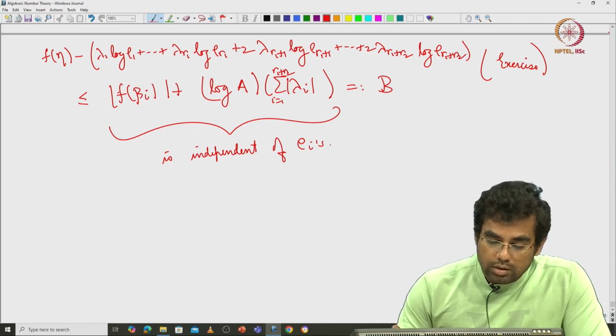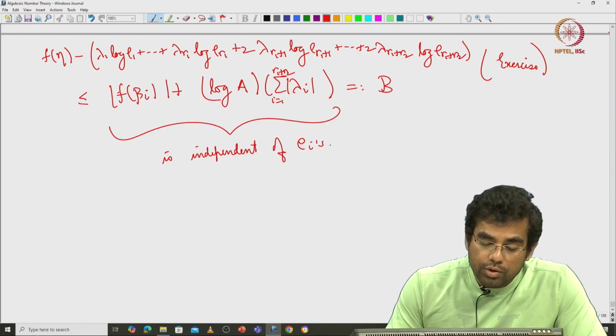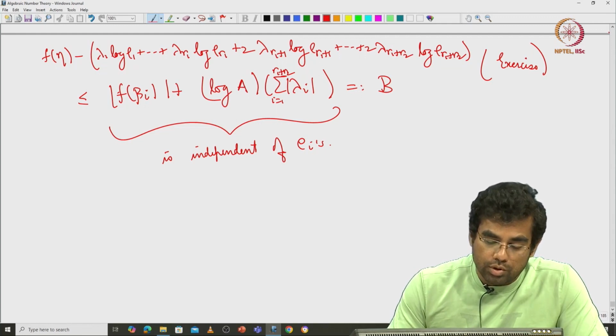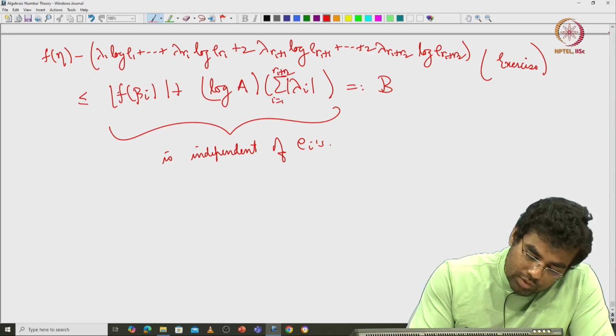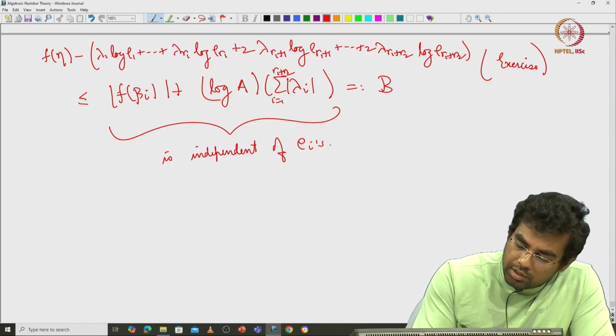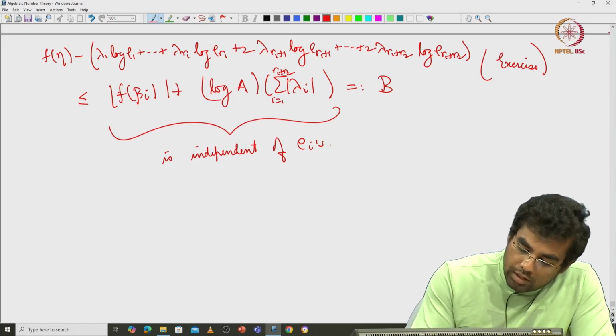Okay. So, now what you can do is choose your rho i's. Here is a slightly tricky claim, but once you get the right idea, it is easy. I will tell you what the right idea is.